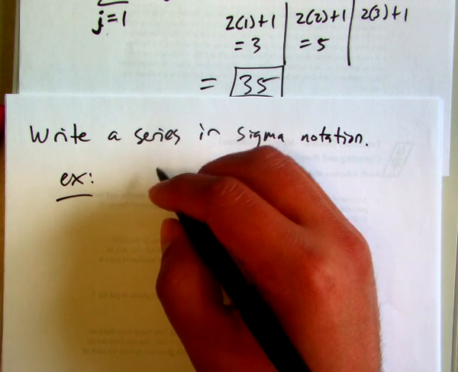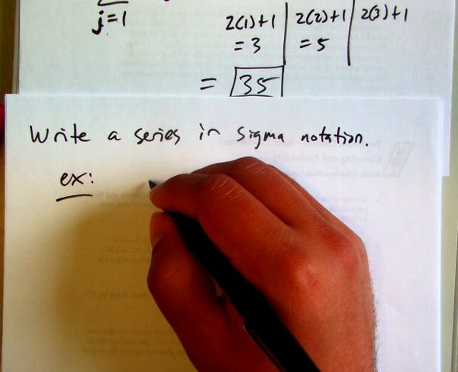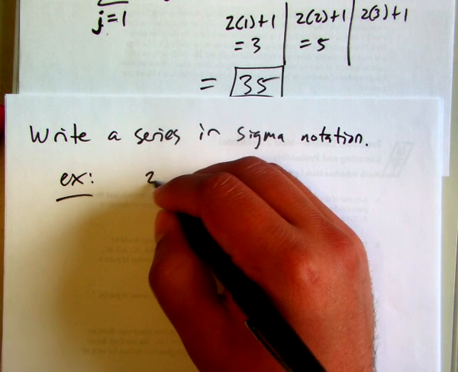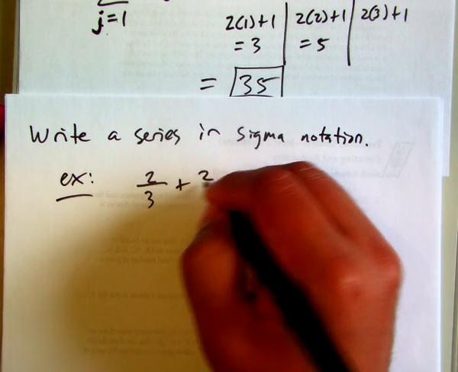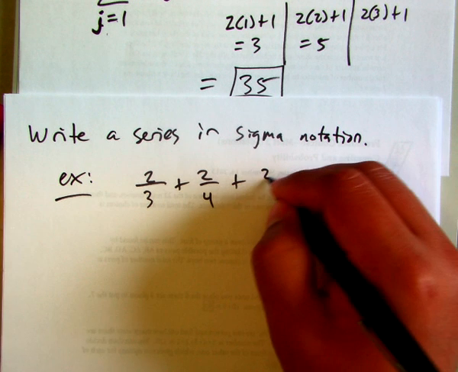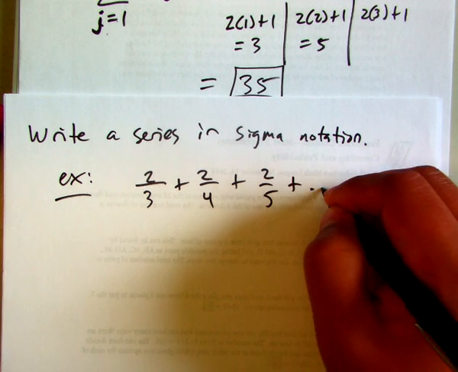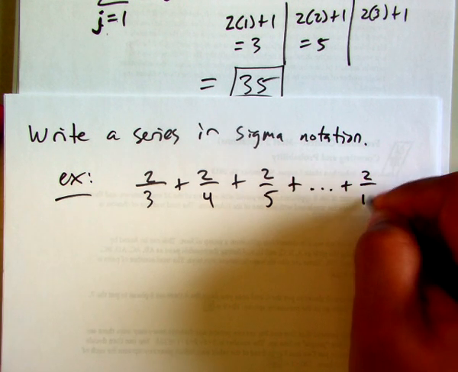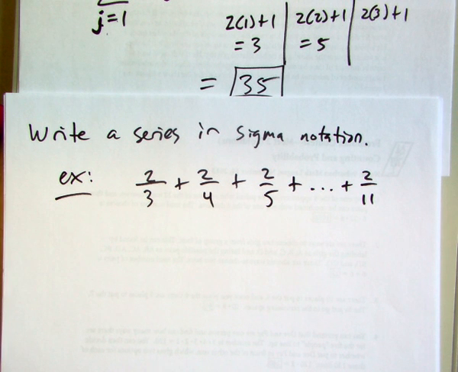Let's say I have 2 over 3 plus 2 over 4 plus 2 over 5 plus ... plus 2 over 11. Okay?